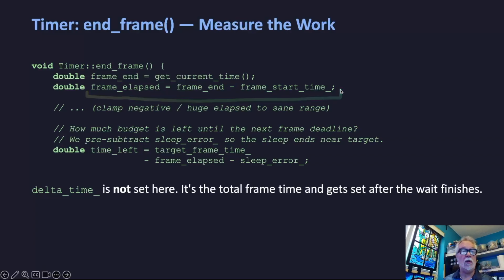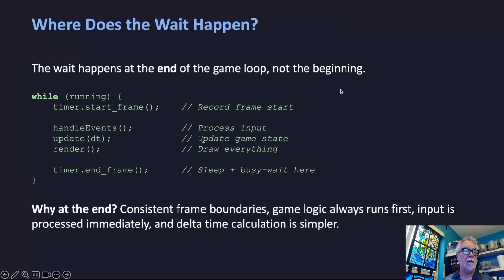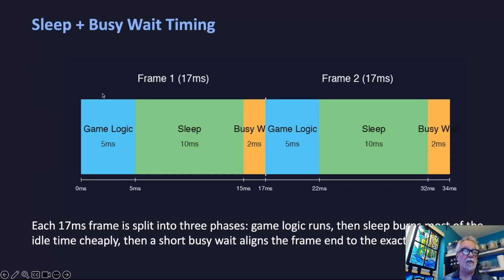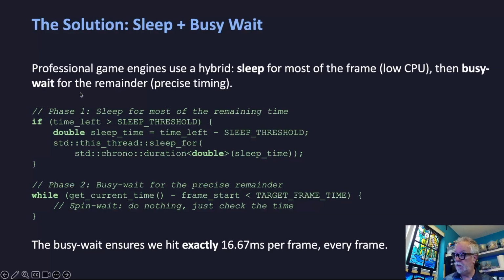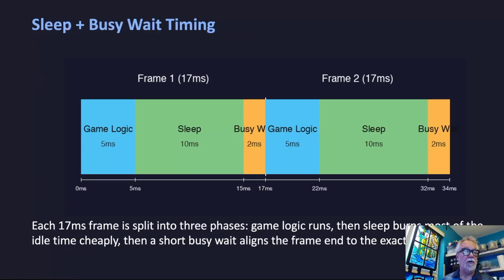If you recall, when we go back here, at the point that end frame is called, it's right here. What we need to do is calculate how much time we want to do this, and we're going to sleep for some time, and then we're going to busy wait. So we need to do the calculations that allow us to do this. Okay?